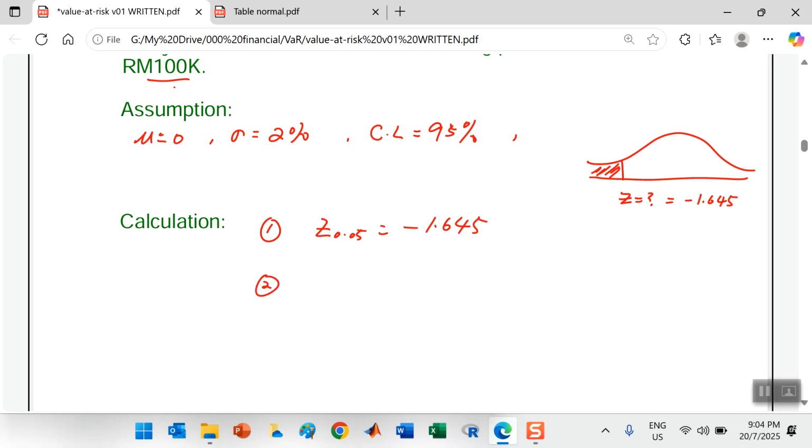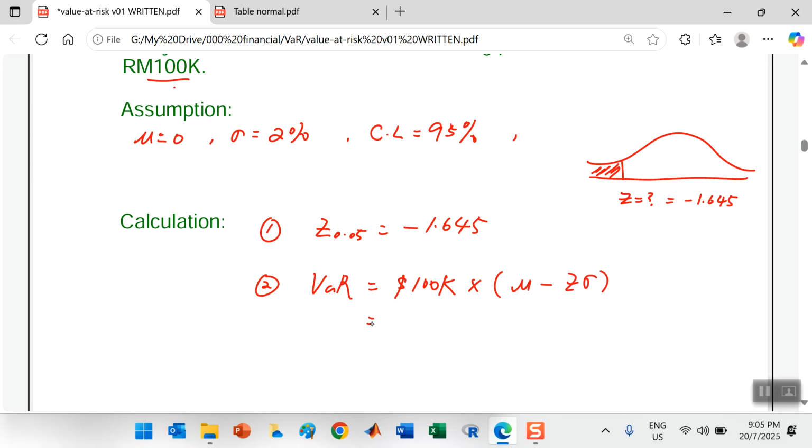Secondly, we can calculate the VAR. VAR basically is the capital times the amount of value, or sometimes you can say this is a quantile. So the capital, let's say 100K, times mu minus Z sigma.